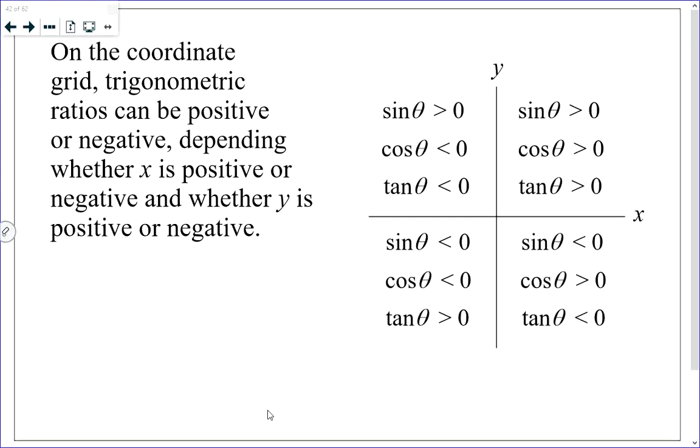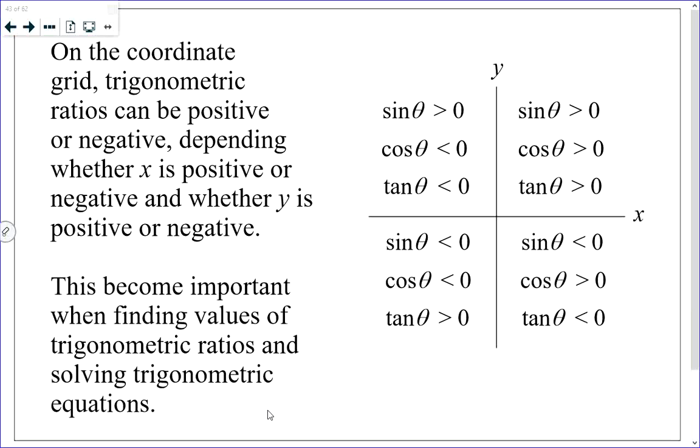So it's very important that you look at questions carefully and make the decision as to whether the trigonometric ratio you're talking about or the x or the y coordinate you're going to use is positive or negative. It becomes really crucial when finding values of trigonometric ratios and also when solving trigonometric equations by taking a reference angle approach. And we'll talk about that in a little bit.